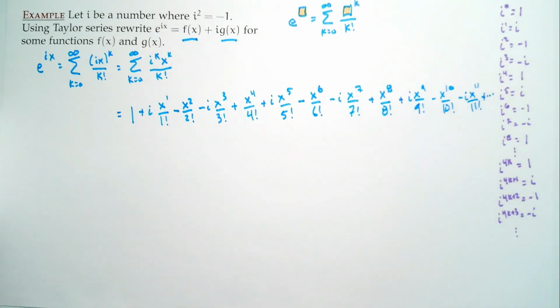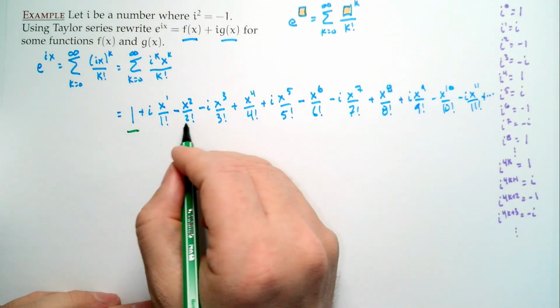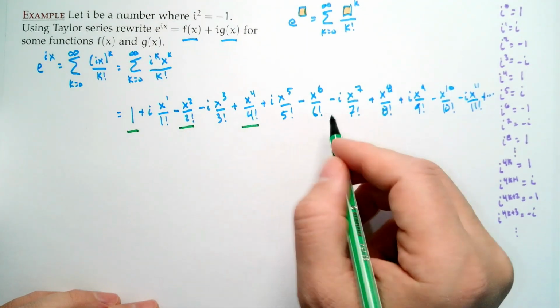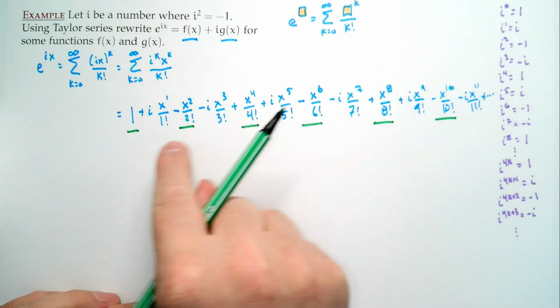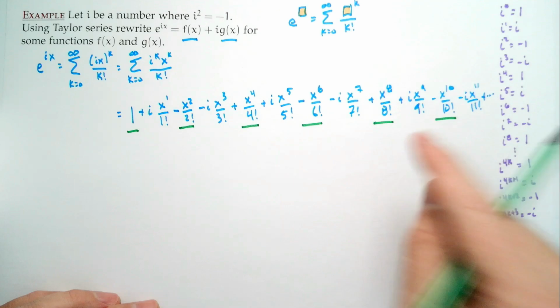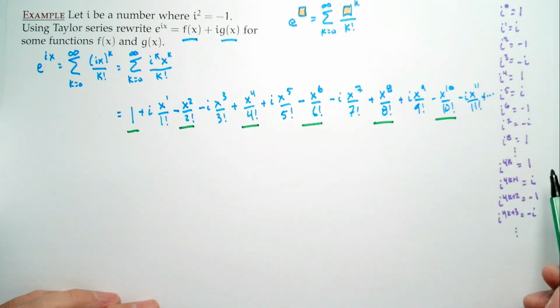Now, let us group. So there's going to be two groups. The first group is, let's keep it real, the ones without any i's. So those are these parts here. You'll notice that they are the even numbers, because the even powers are the powers where we have no i.